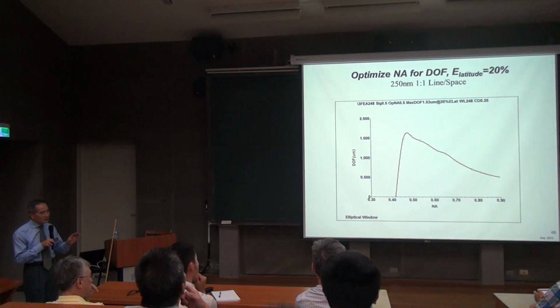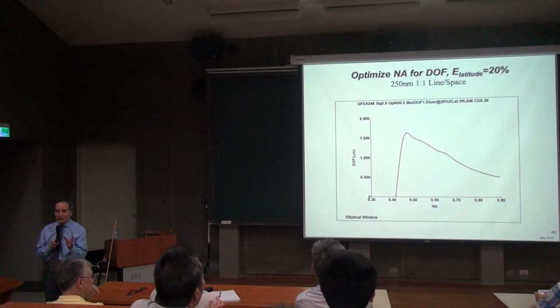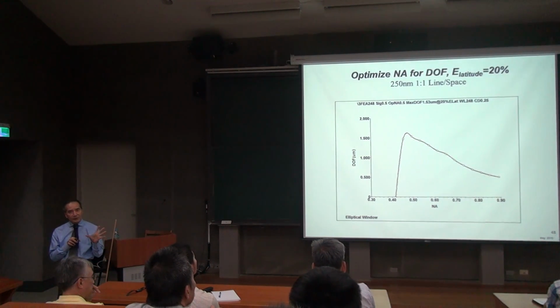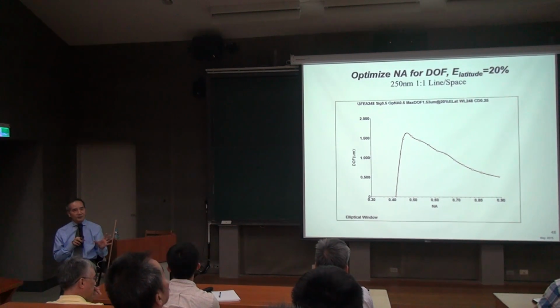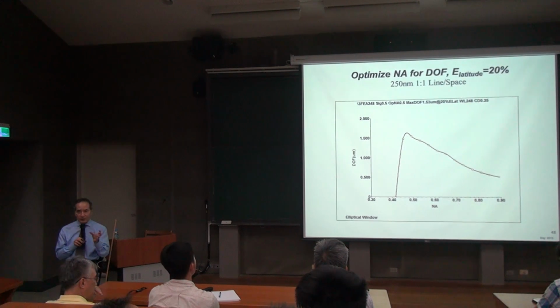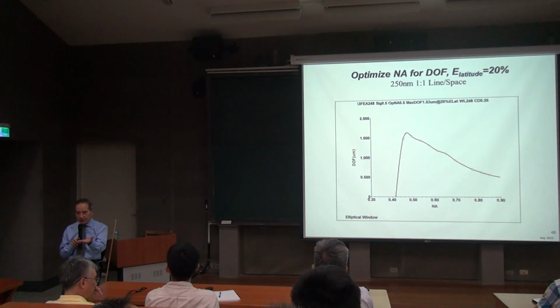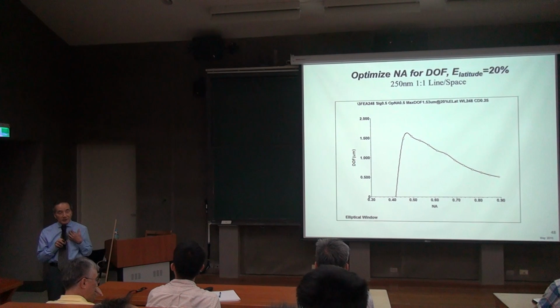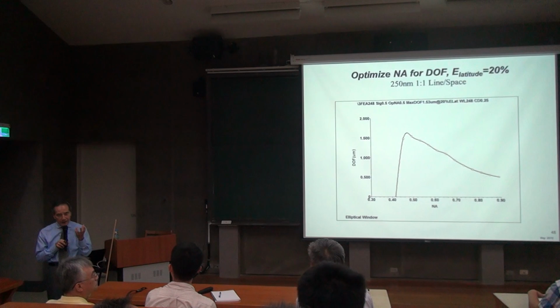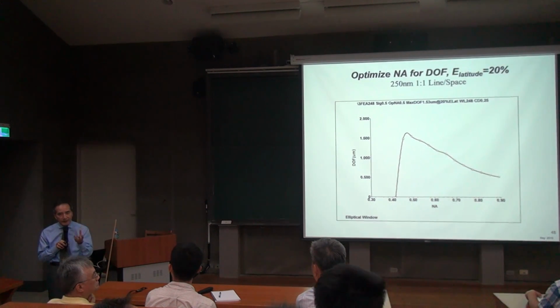Okay, one of the applications is that you will find that there is always an optimum NA for your system. In the good old days, people tend to pay more money for high NA because they think they want to get that resolution. And also when you go to test a lens, a stepper or a scanner, to play safe, I always look at a little bit higher NA to resolve my things, just to play it safe, right?